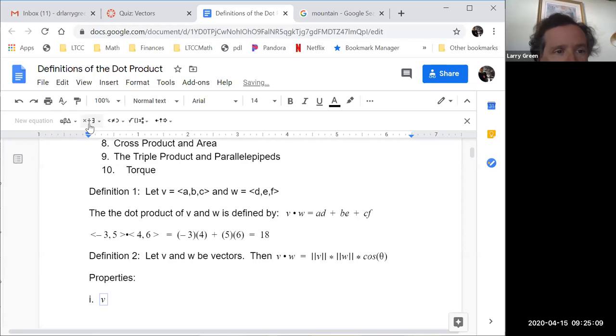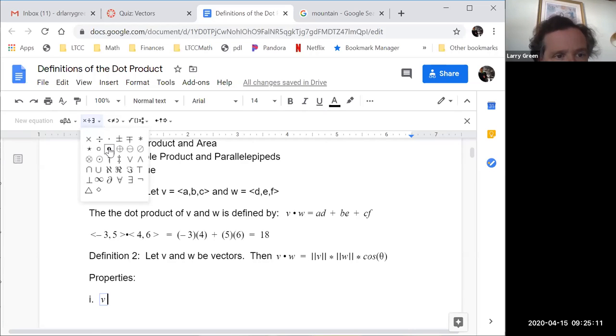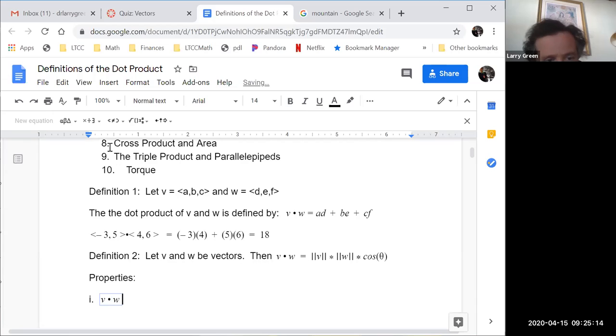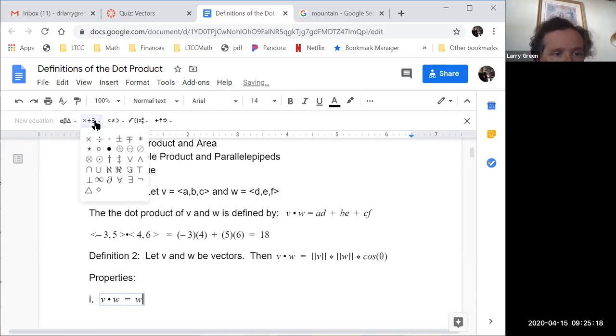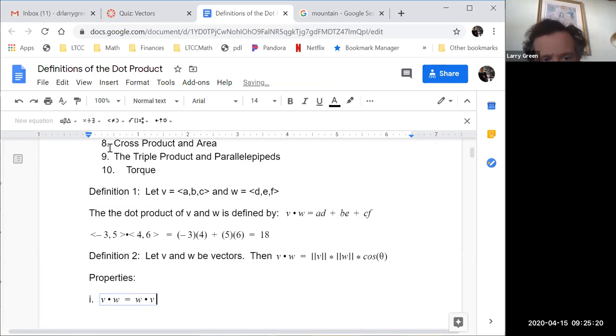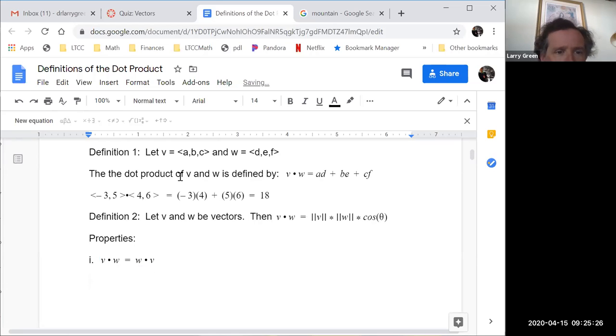V dotted with W is equal to W dotted with V. Okay. Why is that obvious?